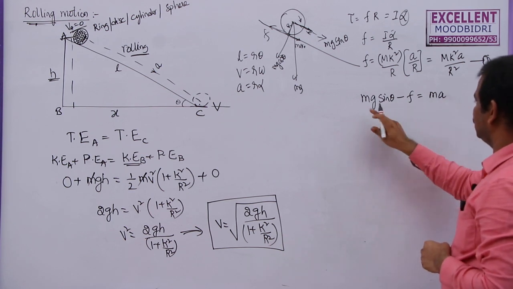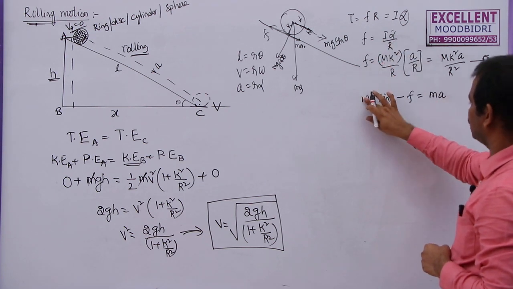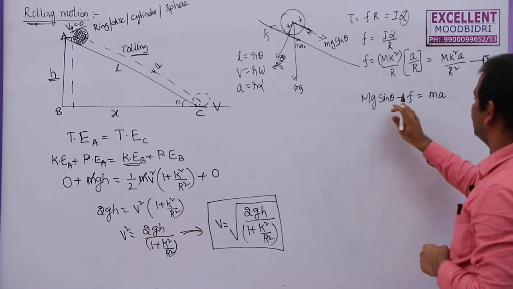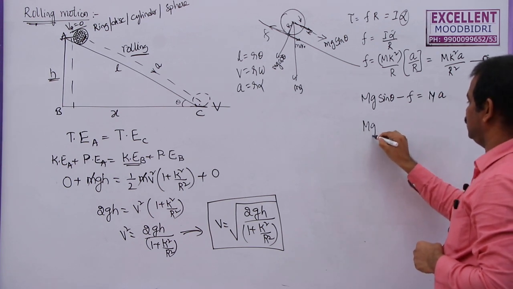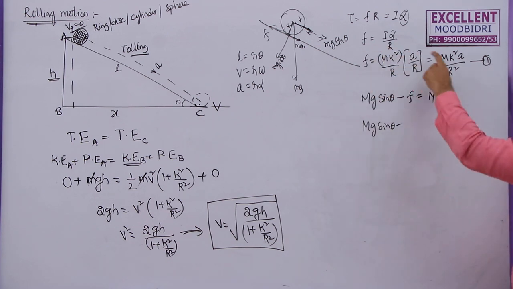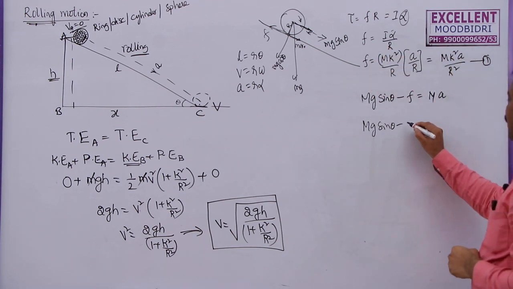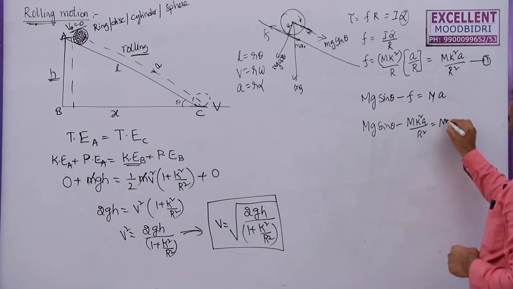Now what is this m? Here I am denoting this mass with the capital M, so let me write this as capital M only. Now mg sin theta minus the frictional force between these two bodies, which is given by m k square A by R square, is equal to MA.